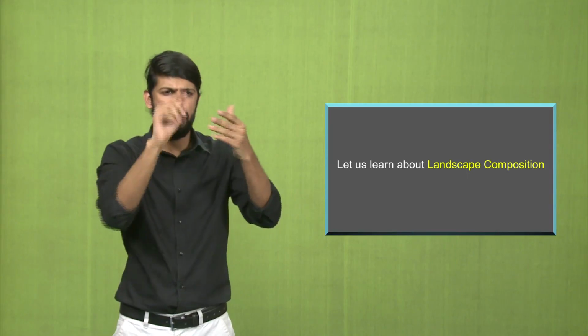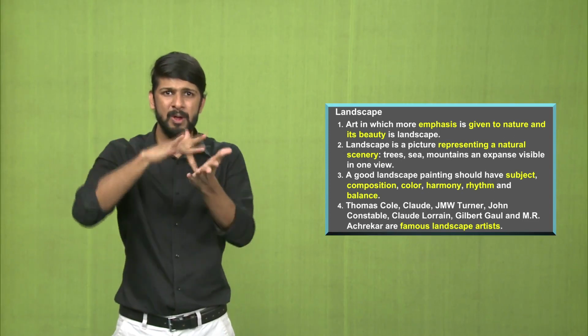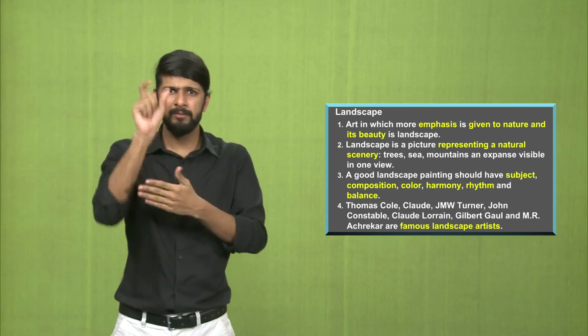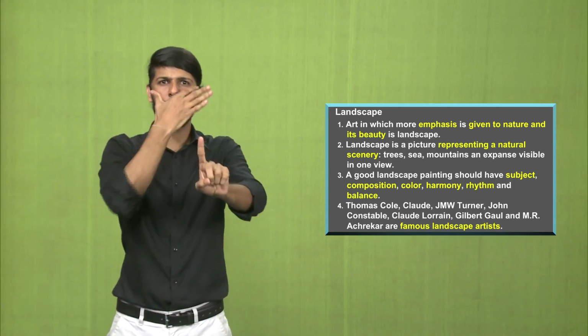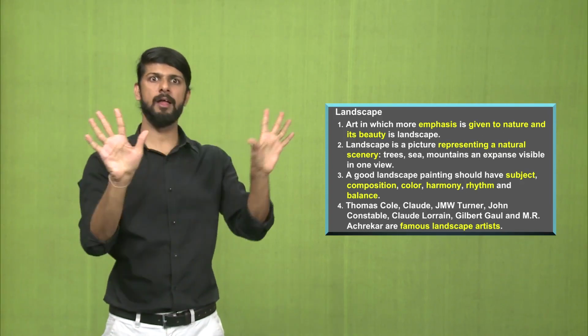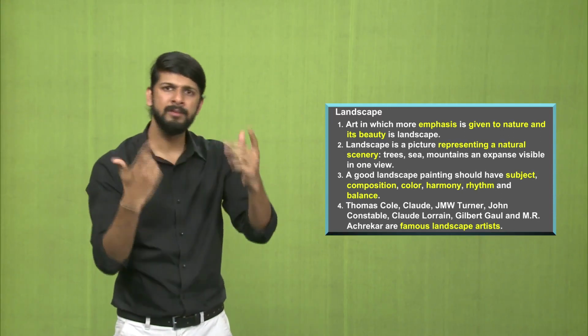Let us now learn about the landscape composition. Landscape is any art in which more emphasis is given to nature and its beauty, which is the natural landscape or a natural scenery.